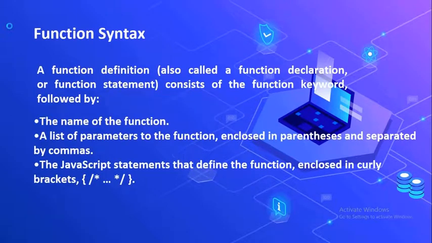Function syntax. A function definition, also called a function declaration or function statement, consists of the function keyword followed by the name of the function, a list of parameters to the function enclosed in parentheses and separated by commas, and the JavaScript statements that define the function enclosed in curly brackets.